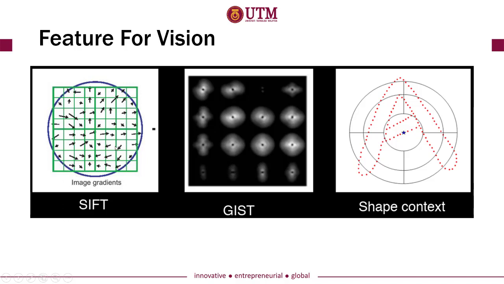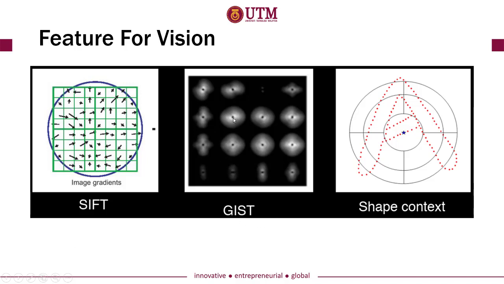It will extract some important features which are represented by some figures, and those figures represent the texture of the image. That's why it is called a texture based feature. The same goes for GIST.